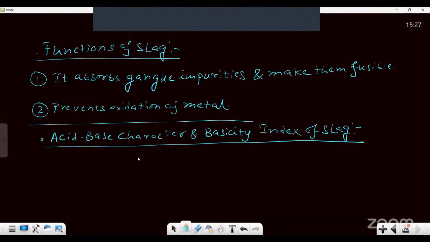So the basicity index of the slag is the ratio of basic oxides to the acidic oxides. So it is basically the summation of basic oxides divided by the acidic oxides.